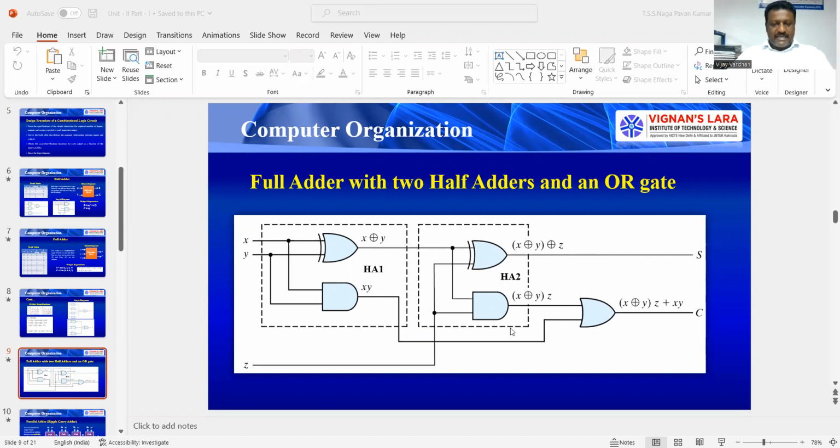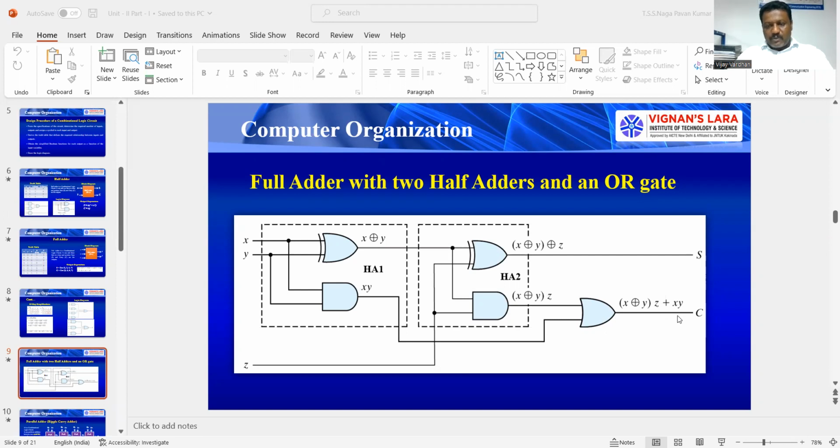Then coming to the carry case. Carry is produced by an AND gate. For this AND gate, one input is the sum output of the first half adder, that is X exclusive ORed with Y, and the second input is our third input, that is Z. The output of this AND gate is X exclusive ORed with Y, multiplied or dotted with Z. This is given to an OR gate, and the first half adder's carry output is also given to it.